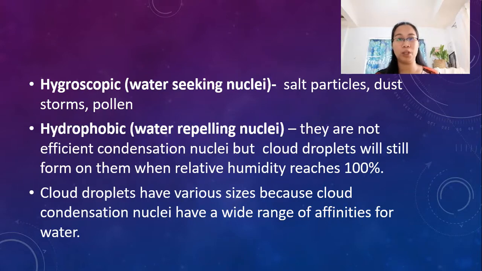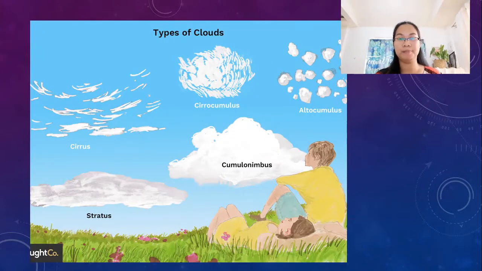It doesn't want water, so they are not efficient condensation nuclei. The efficient condensation nuclei would be the hygroscopic ones. But cloud droplets will still form if, again, the relative humidity is 100%. Cloud droplets may have various sizes because of the different affinities of condensation nuclei to water.